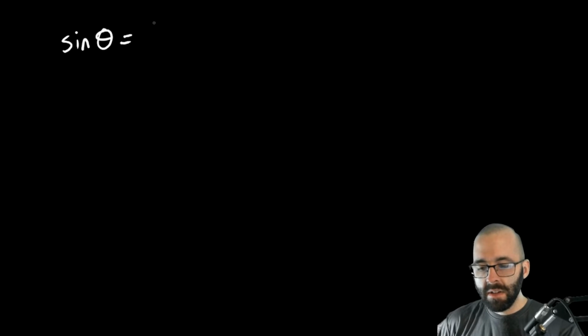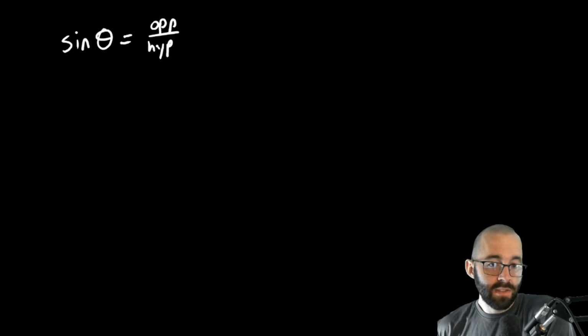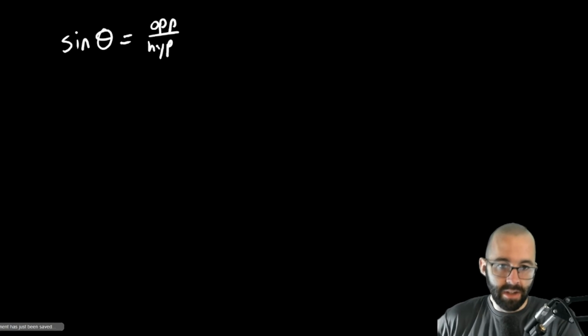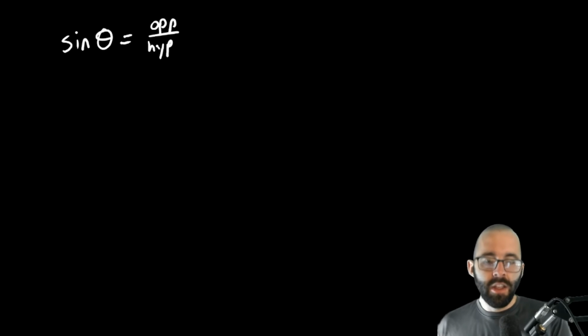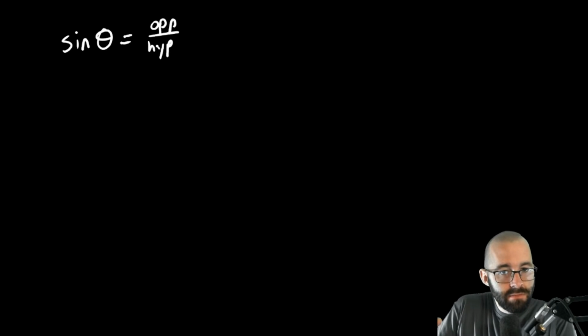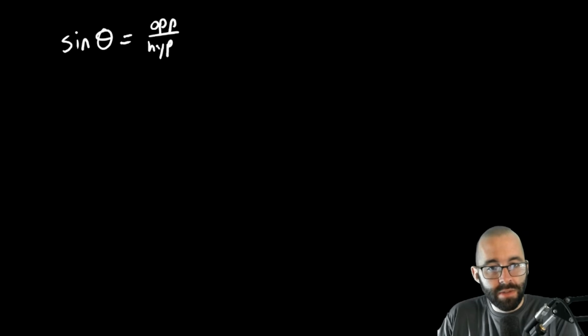So let's summarize this a little bit. When we look at sine, we always look at sine of an angle, and sine of an angle gives us a ratio. Sine of pi over 6, that's sine of 30 degrees, is 1/2. The ratio of the opposite side to the hypotenuse is 1/2.